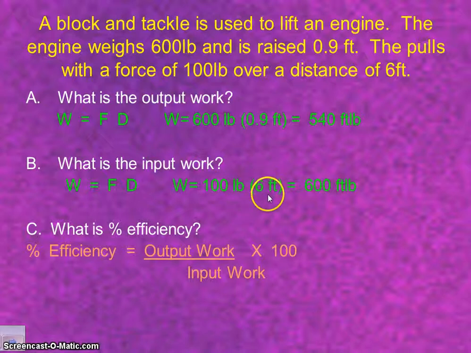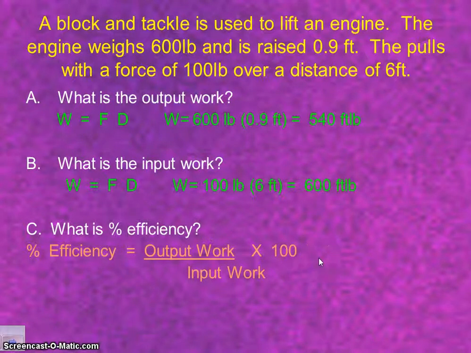But for the distance, usually with the block and tackle there's a chain, and you're going to have to move that chain 6 feet. So 100 pounds times 6 feet gives you 600 foot-pounds. See what I was telling you about how you've got to put more in than you ever get out, because you have to overcome friction.